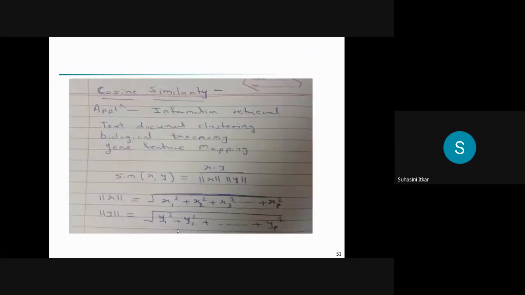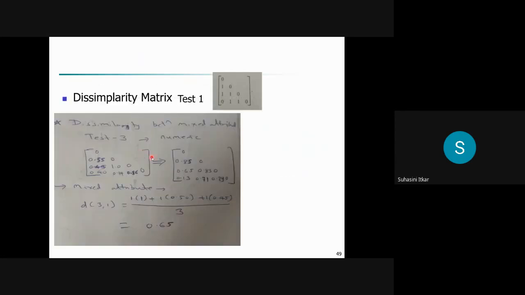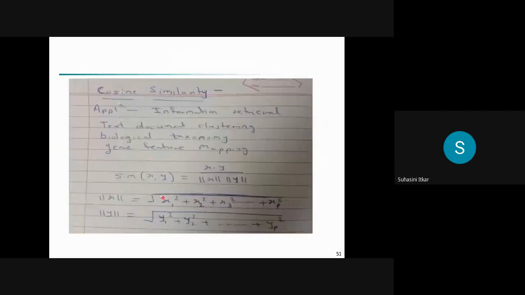If you want, you can go for document 3 and document 4 as an exercise and tell me the answer. The equation which you want to use is this.